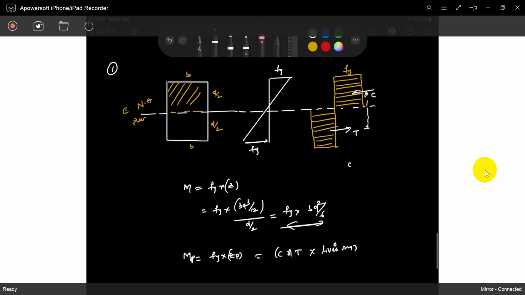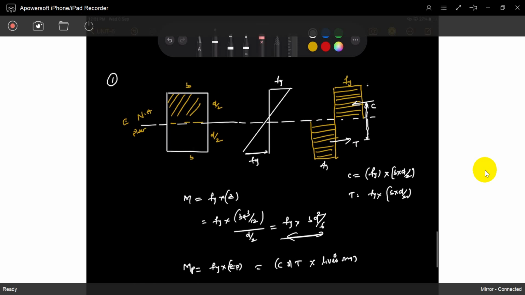What is C? Fy stress times area, which is bd by 2. The tension force is also the same, because of equal area. That side is also reaching Fy. So what is this distance, sir? This is d by 4, this is d by 4, this is also d by 4.